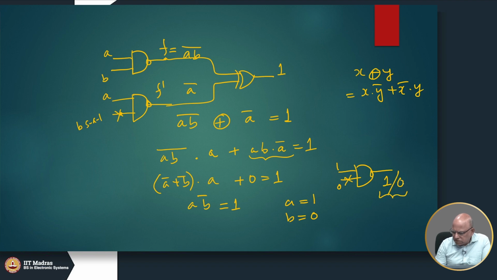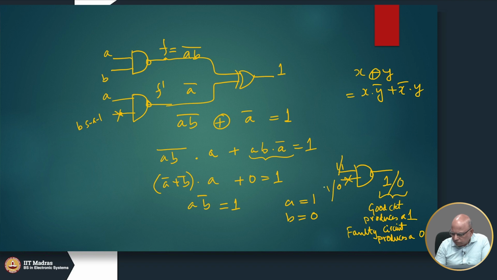If you write 1/0, it means the good circuit produces a 1, a faulty circuit produces a 0. Here also we can write 1/1, which means both the good and the bad circuit or the faulty circuit have a 1. Here we can write 1/0. Okay. So, 1/0 means a good circuit has a 1, but a faulty circuit has a 0.